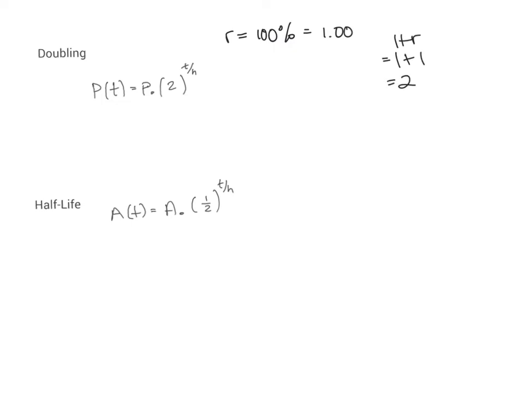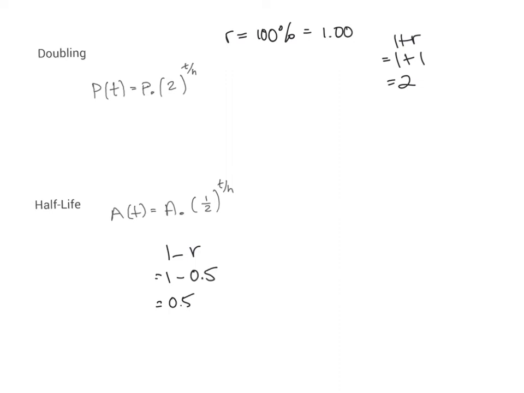Hence you're seeing the 2 in here for the 1 plus r. And then same for half-life. It's decreasing by half, which would be 50%. So you get 1 minus r, 1 minus 50%. 50% is 0.5. So that's where you get that half from.